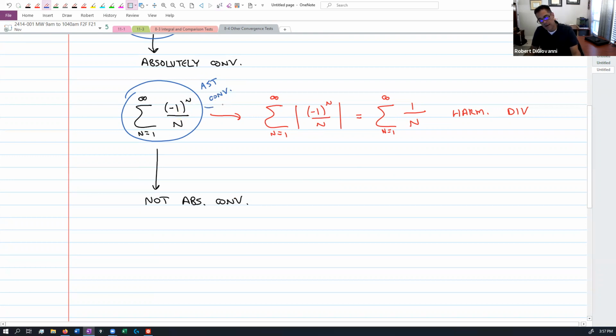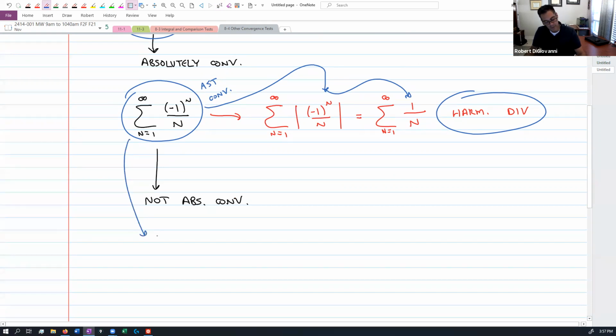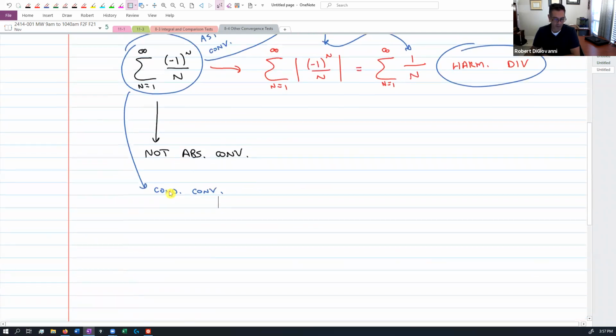And when you look at the absolute value of it, it's divergent. This is what conditional convergence is. It's when the original series converges, but it doesn't converge absolutely. So this is what we call conditionally convergent.